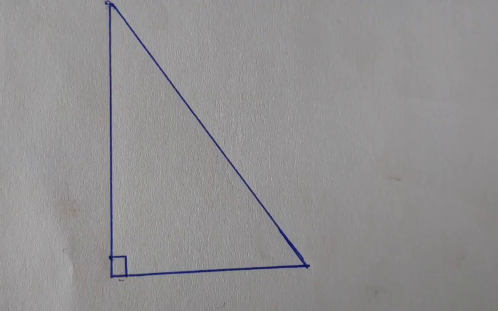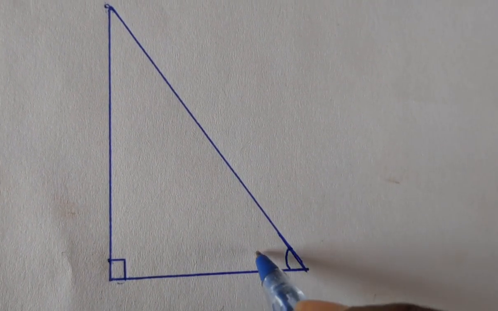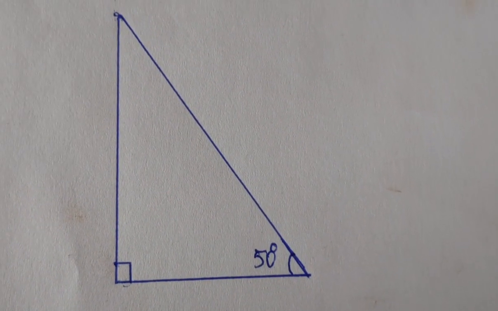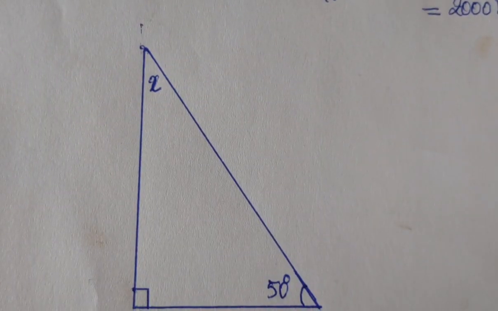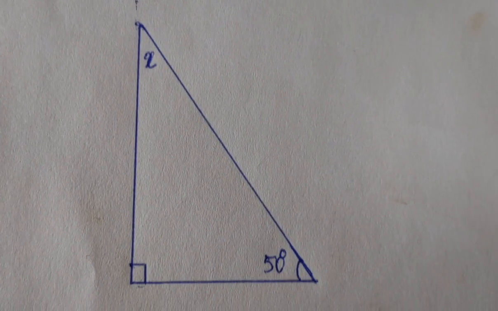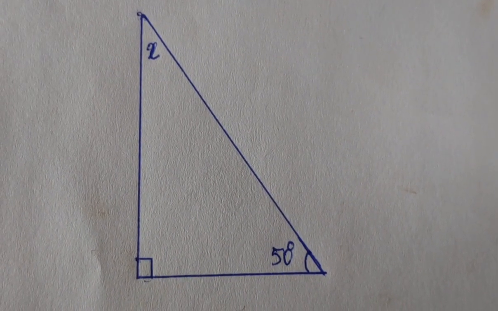Here once I write, this angle is 90 degrees, and then here another corner was 50 degrees. And then there was an unknown corner which we must calculate, the unknown is x. To mean here, the sum of interior angles of any triangle adds up to 180 degrees.